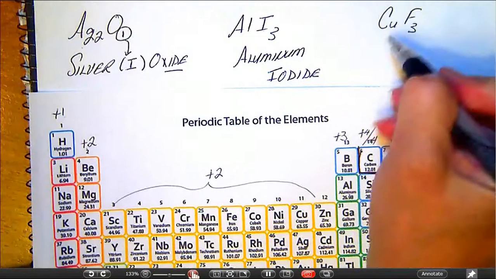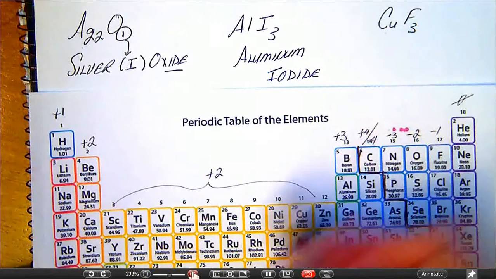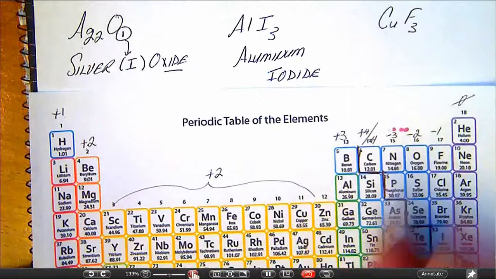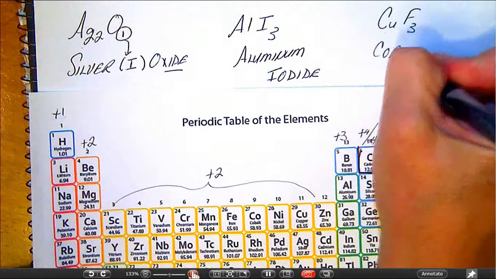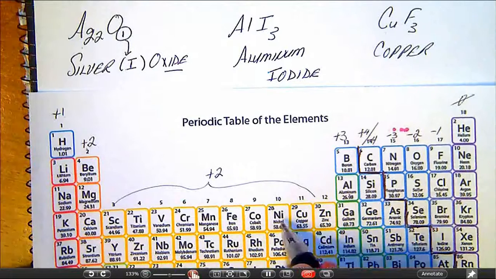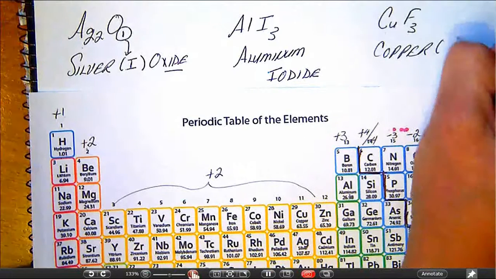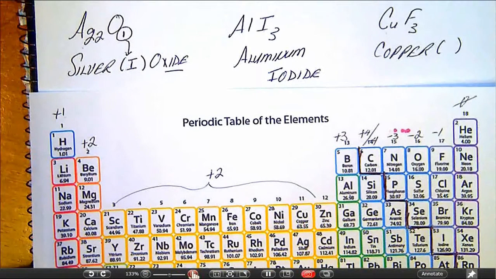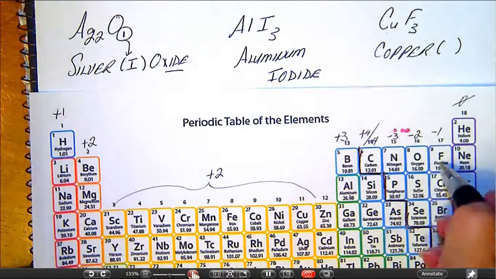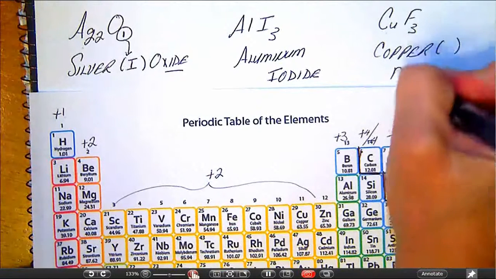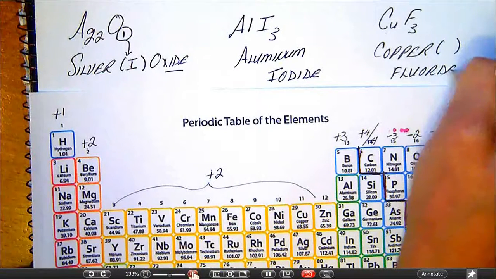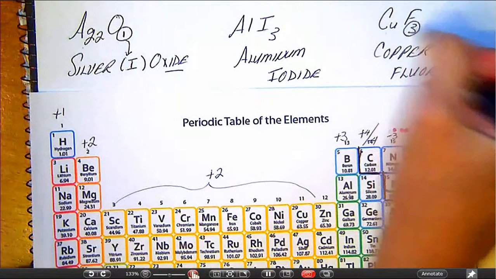Last one, Cu, searching, searching, searching, found right here, copper, again in this middle section, so we're going to need an oxidation number. F over here, searching, searching, fluorine, which becomes fluoride, and again, there's your number.